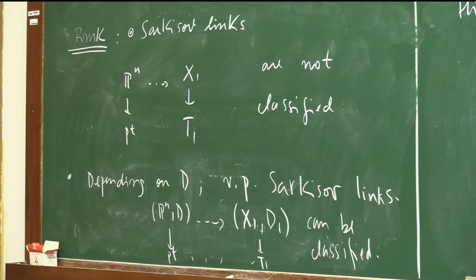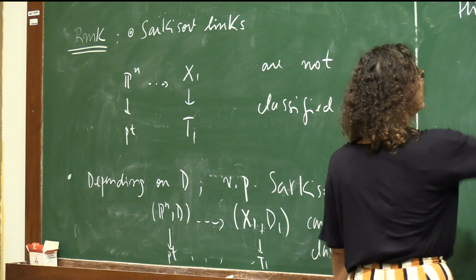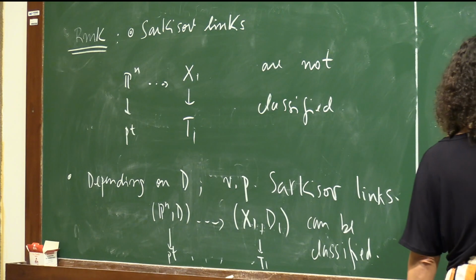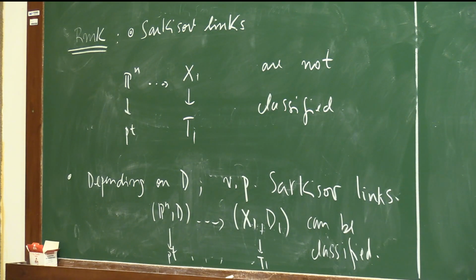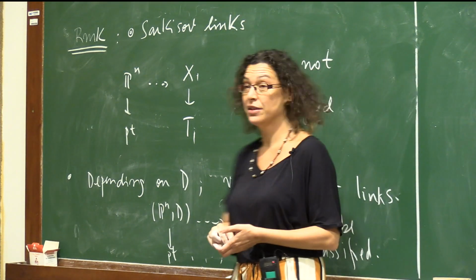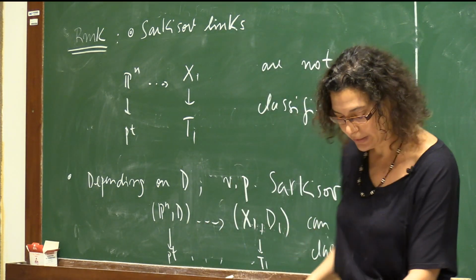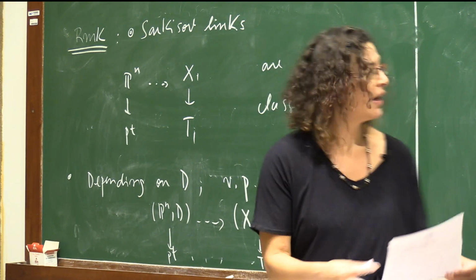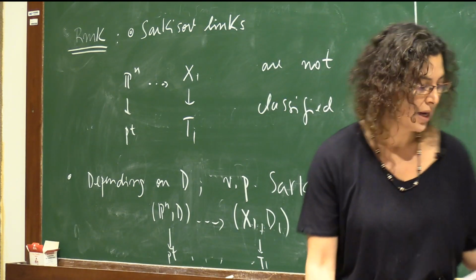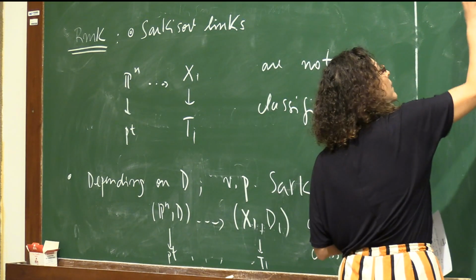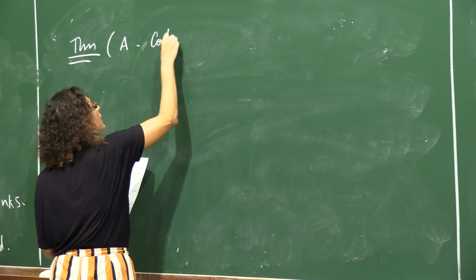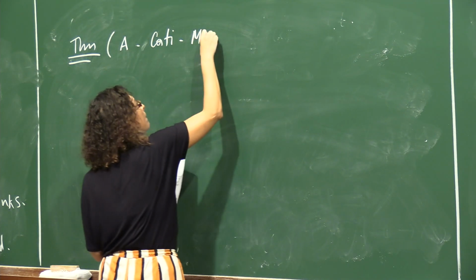So in order to illustrate this, let me state two theorems that I proved together with Alessio Corti and Alex Massarenti. So we've actually been using this theory to do some explicit birational geometry. So this is the first theorem that I wanted to discuss, with Alessio Corti and Alex Massarenti.